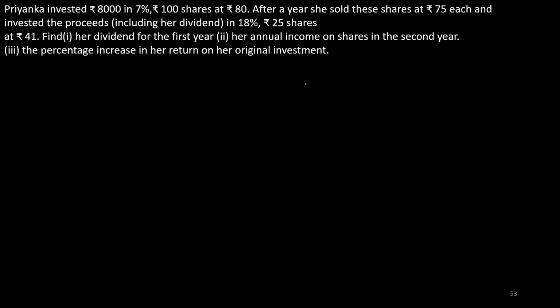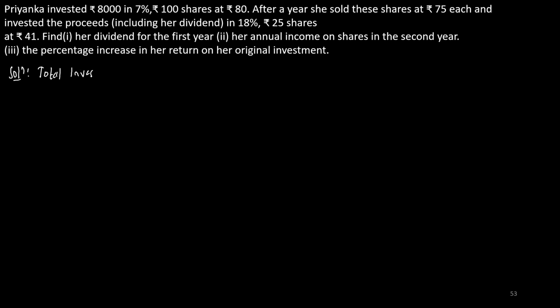Now, many of you are getting the answers, right? Fine. So first of all, what is given over here: she has invested 8,000 rupees. So what is the total investment?